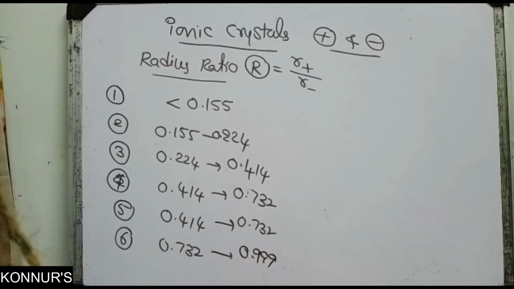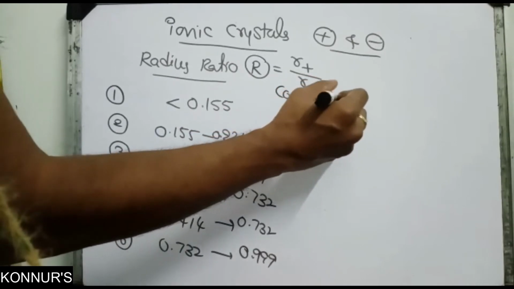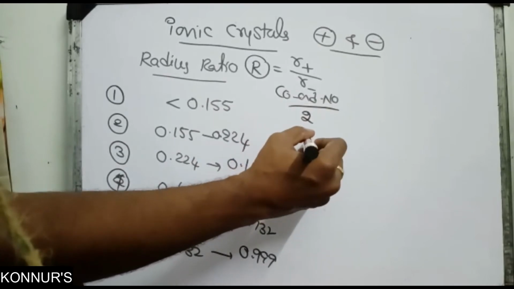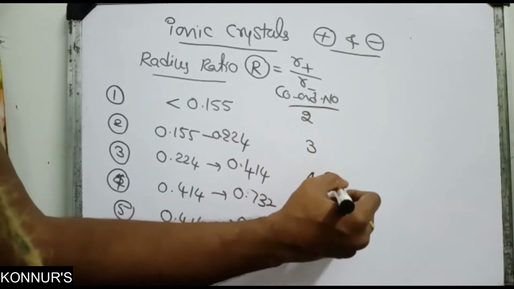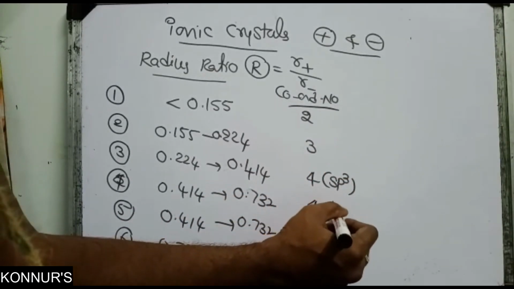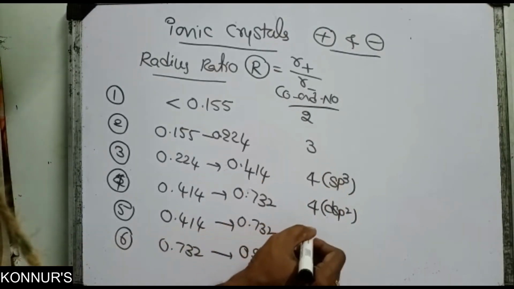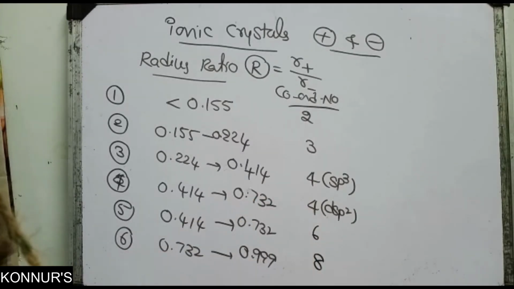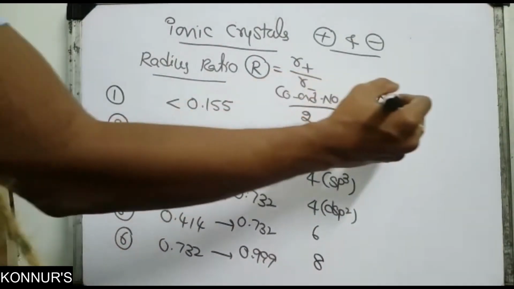These are the ratios. The coordination number is also explained by this radius ratio. This is 2, this is 3, this is 4 of sp3, this is 4 of dsp2 type. Next it is 6, this is 8. So these are their examples of structure.